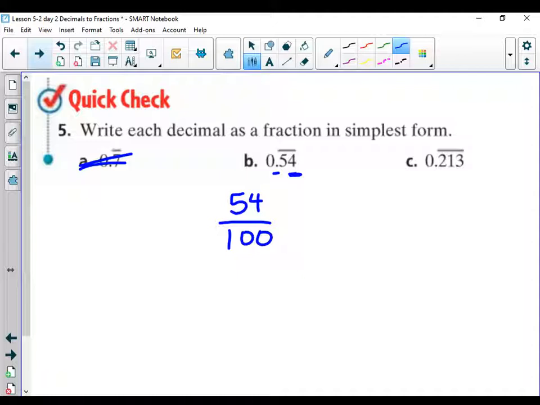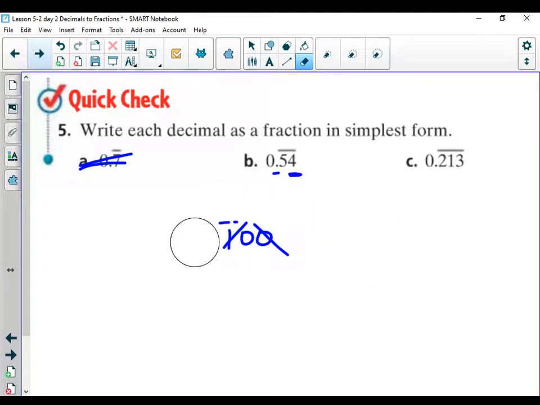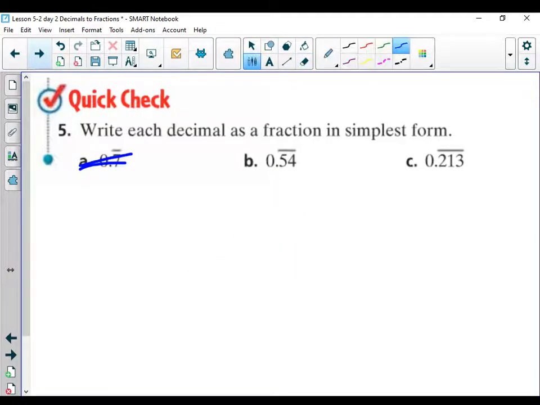Well, this doesn't end in the hundredths place. Actually, it doesn't end at all. So I cannot call it 54/100. Did you say to yourself, well, what do I do? Glad you asked.